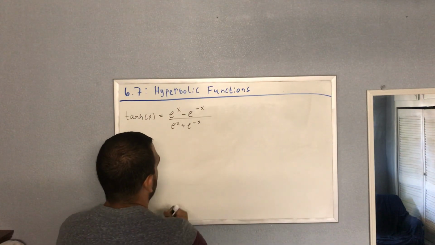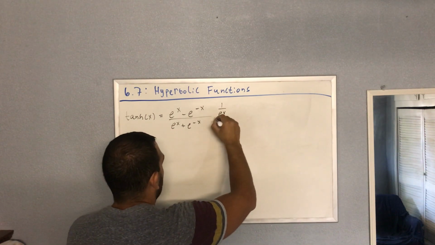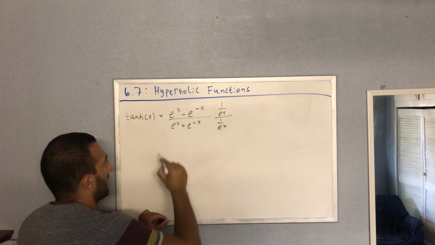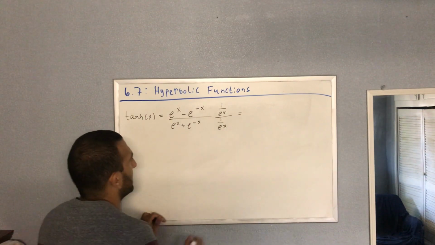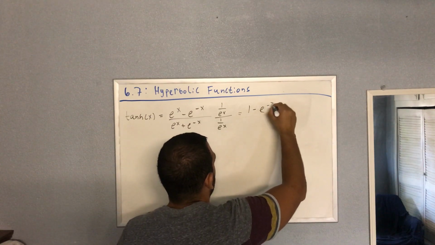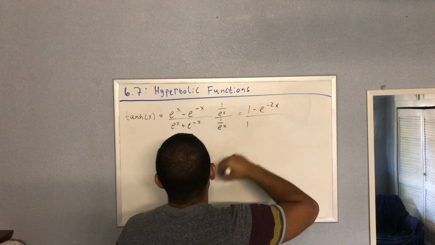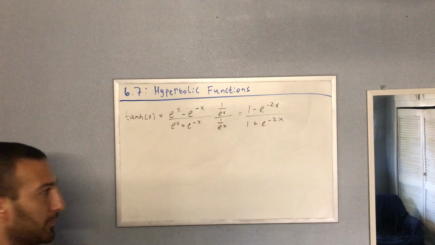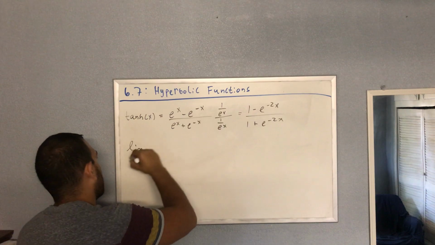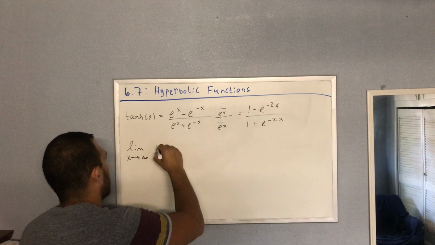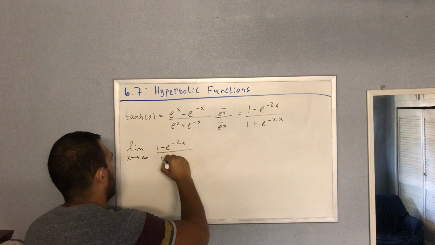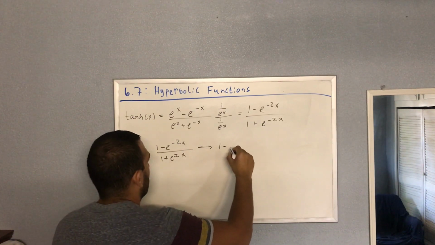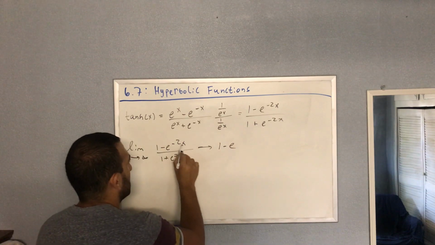So if we divide each term by e to the x, aka multiply the top by this and the bottom by that, this ends up being 1 minus e to the negative 2x over 1 plus e to the negative 2x. And now our problem suddenly disappears, because if you take this limit now, you can see that this will be e to the negative 2 times a huge number.